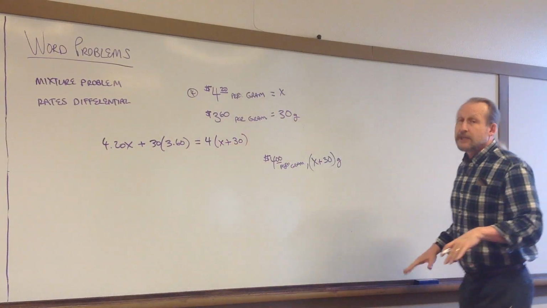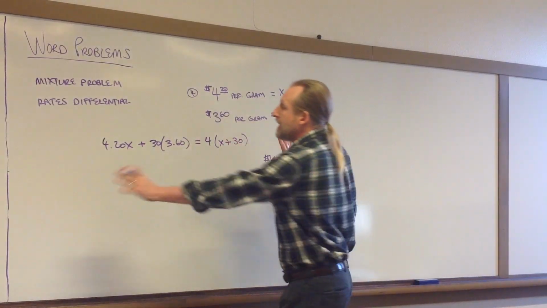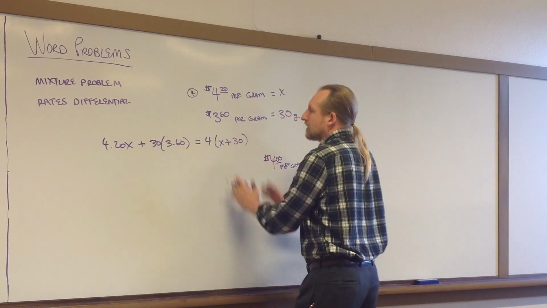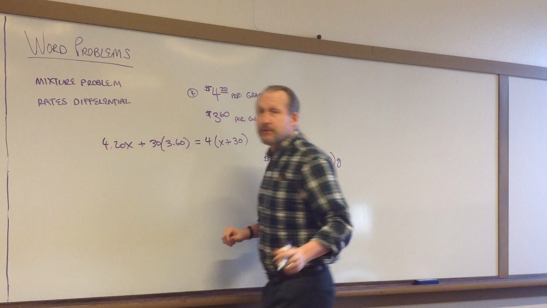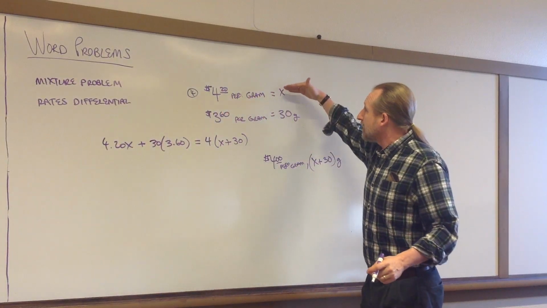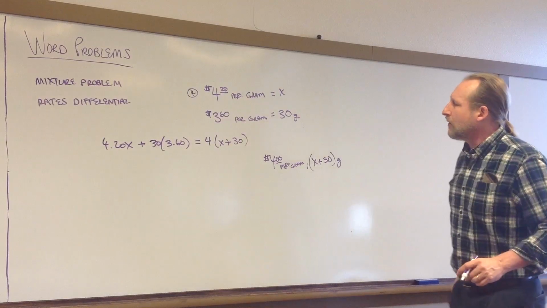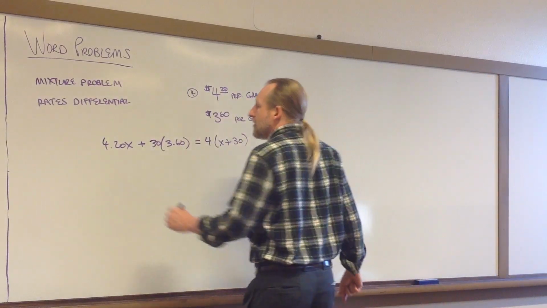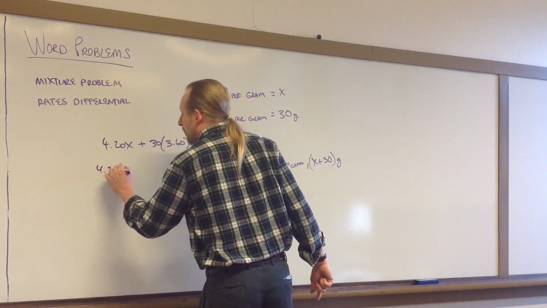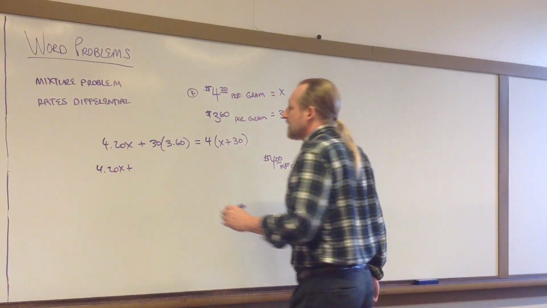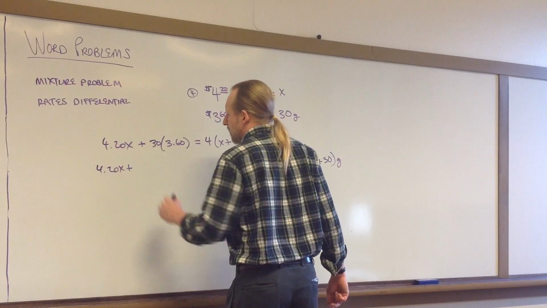That's why these two things are equal: this is one representation of the total cost, and this is another way of representing the total cost by breaking it down into the cost for each type of spice.